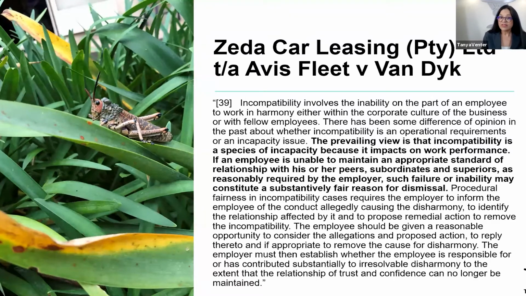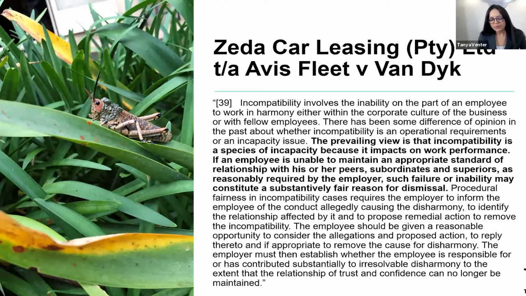So it talks a little thereafter, in what I see as effectively a summary of what our law is about the procedural fairness, that they have to identify that the relationship is affected, propose remedial action, and give the employee an opportunity to remove the incompatibility before you can even consider dismissal.